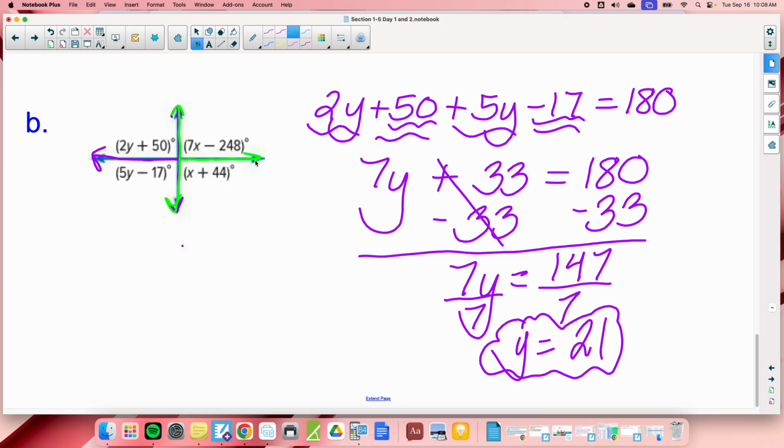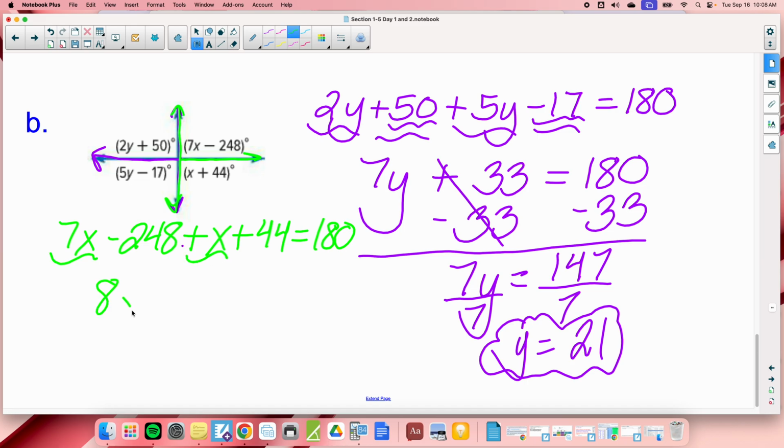So we're gonna go 7x minus 248 plus x plus 44 equals 180. Okay? Now, 7x plus x is 8x. Negative 248 plus 44 is negative 204, and that equals 180.